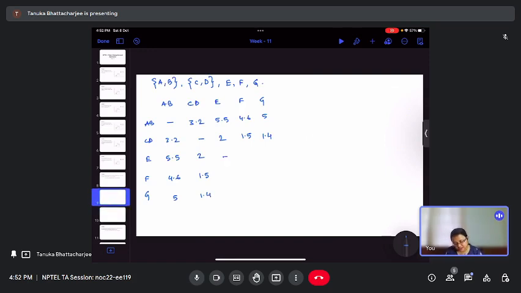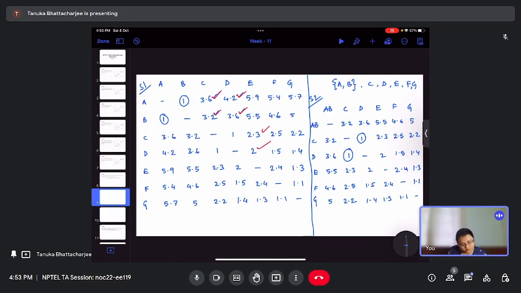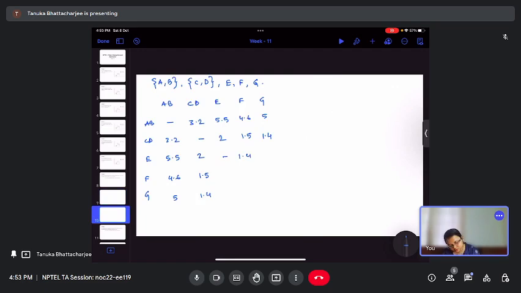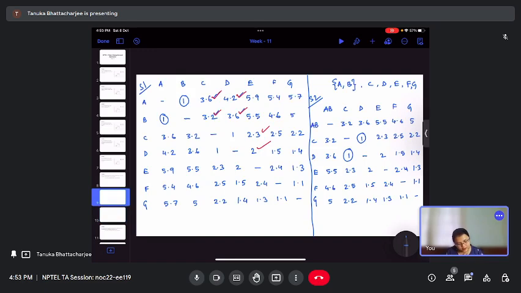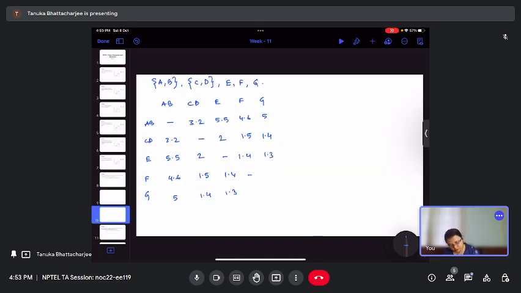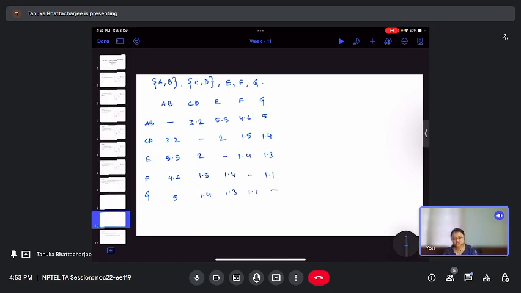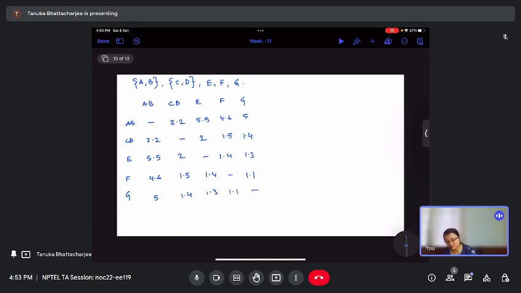Then between E and F, E and G. Lastly, F and G. So this is the new distance matrix in step 3.